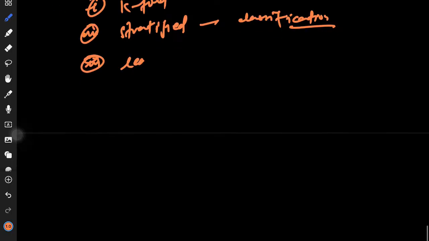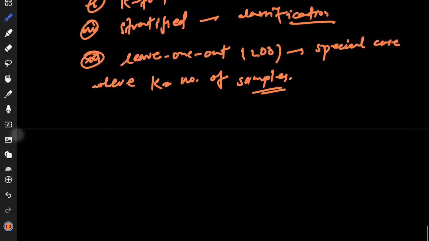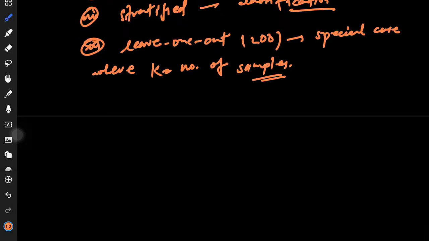Then comes leave one out. It is a special case where k is the number of samples, and here every point acts as the test set.